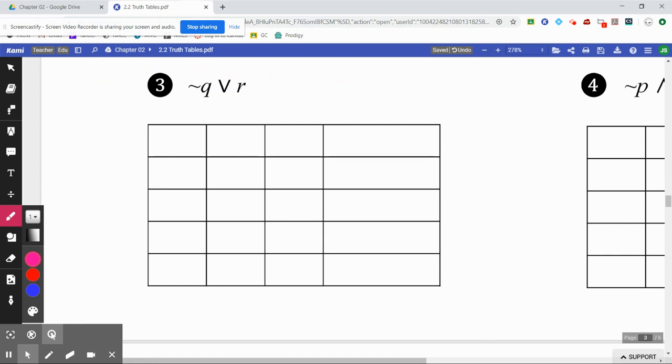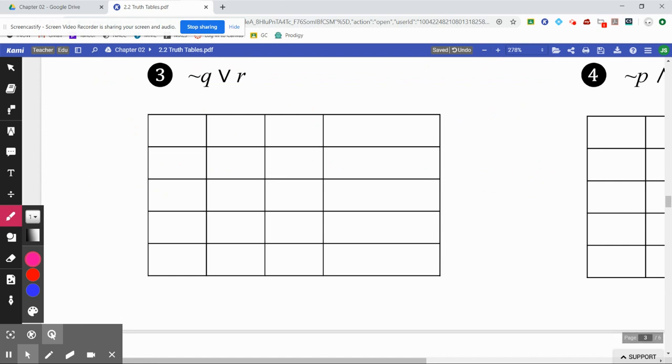Okay, number 3. You're given two different statements, statement Q and statement R. Here's what I like to do. For the first statement, most of the time I'll just go down through here and do half trues and half falses. Then for statement R, I'll go back and forth, true, false, and you're going to cover true and false, false and true, false and false.